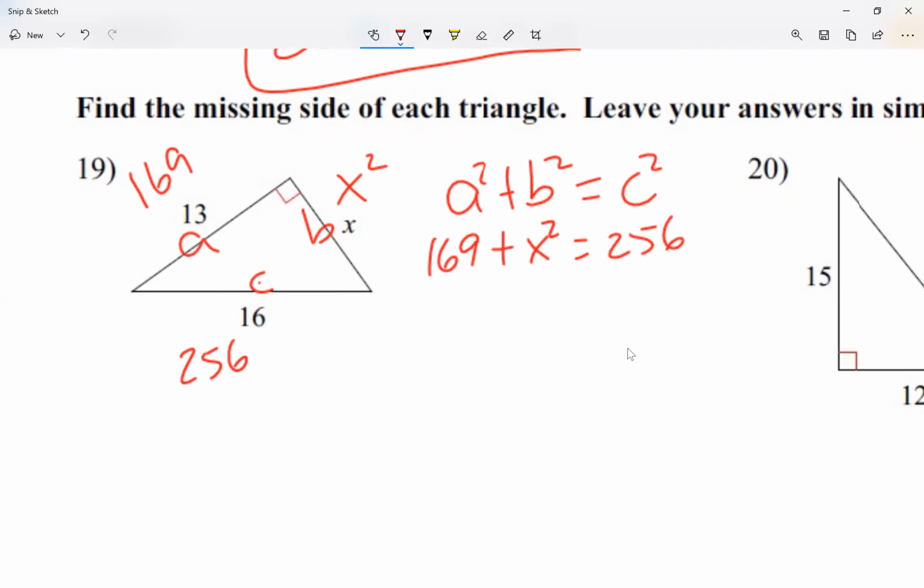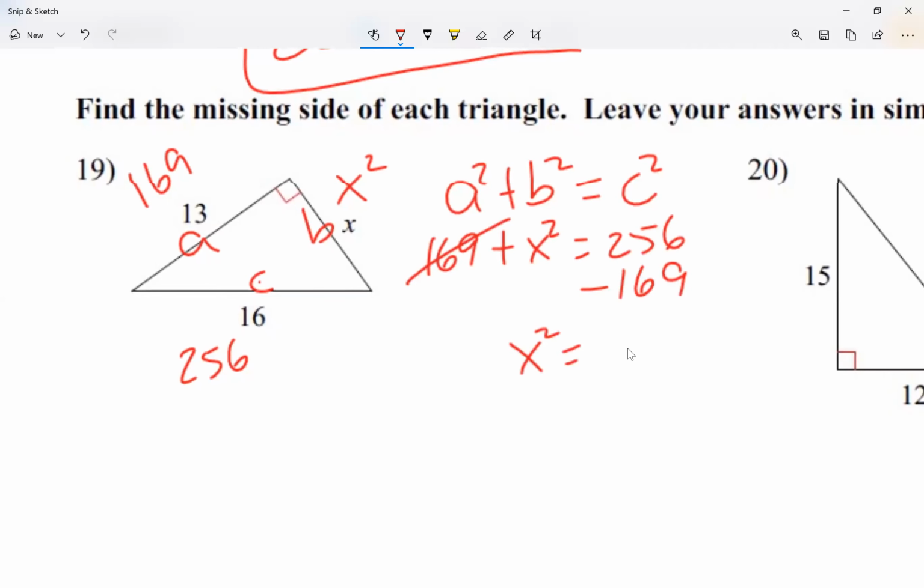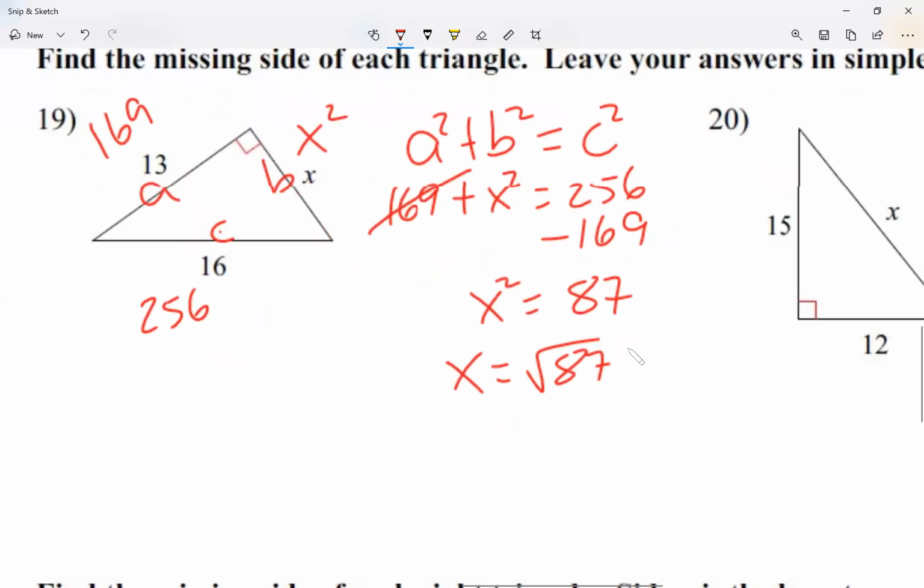This 169, let me move it over as a minus 169. That's going to give me X squared is equal to 87. So that means that X is the square root of 87. Now simplify if possible. Now think about this.